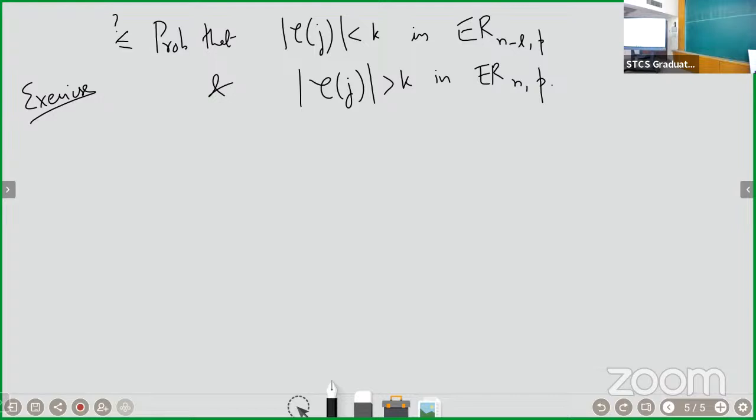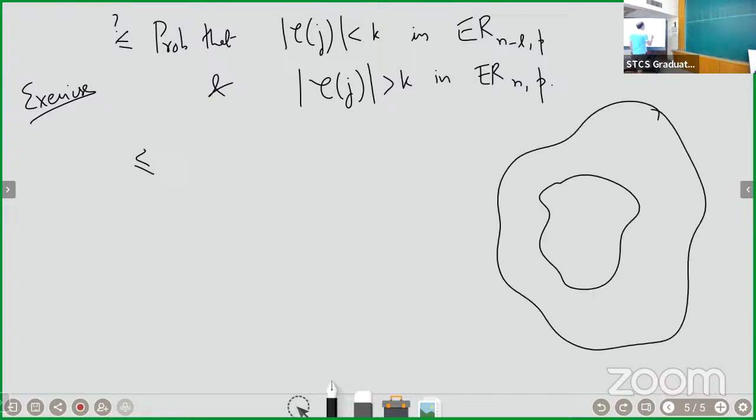But we're going further. We want to upper bound this probability. So remember, there is a smaller graph, and look at the bigger graph. We're saying the connected component size of j restricted to this is smaller than k, but restricted to the whole thing is greater than k. So what necessarily has to happen?